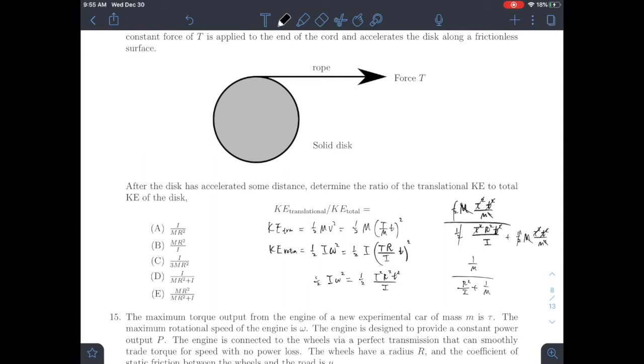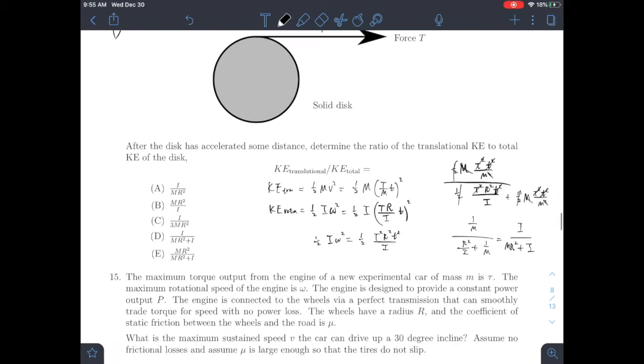Multiply by m and multiply by r, which we get is I over r squared plus I. Oh, we've got m here plus I. So the answer should be equal to D. The answer is D. Question number 15.